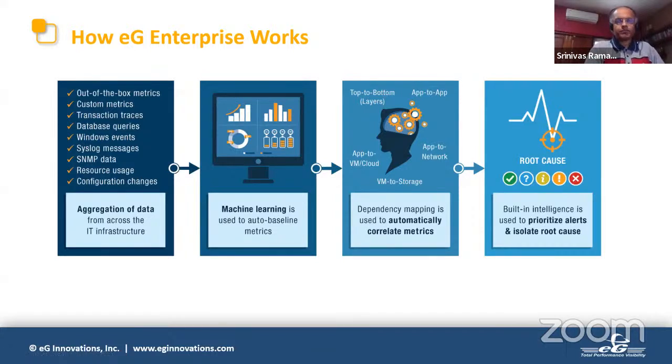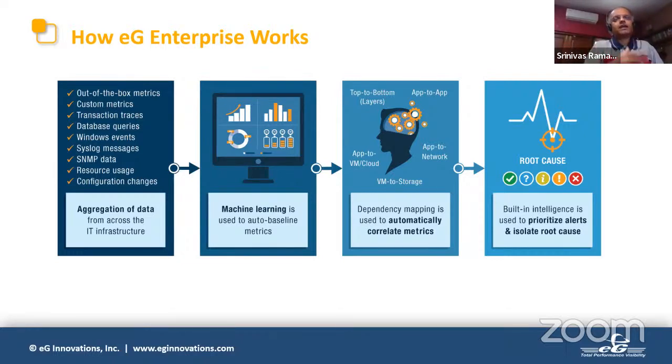In some sense, to draw a medical analogy, EGInnovation is like a general physician for your IT environment. When you're not well, you go to the general physician. What do you tell him or her? I'm actually not well. What does the physician have to do? They check different metrics about your health.